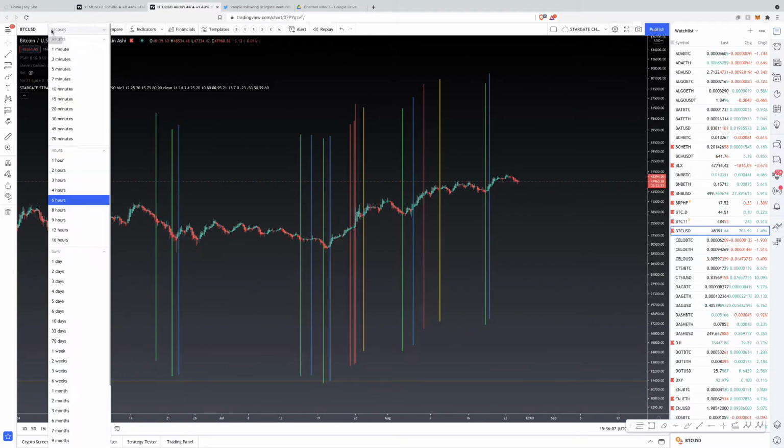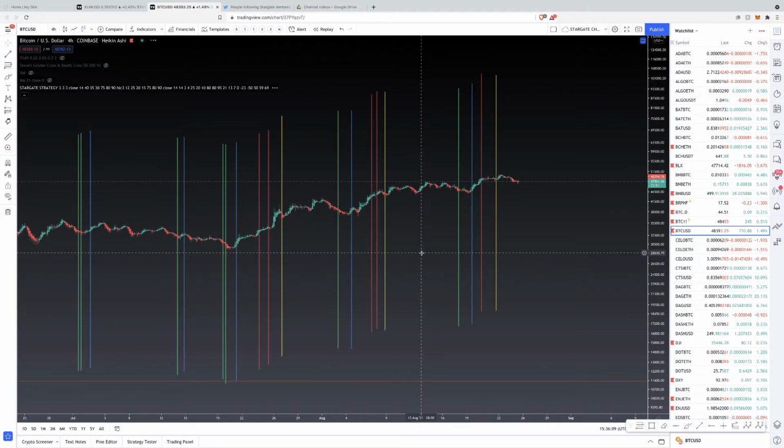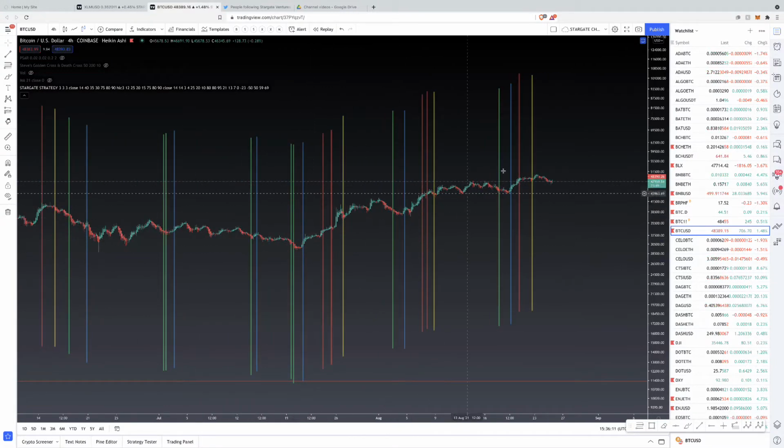Let's go down to a 4 hour. This seems to pick up the trend very well because we had a buy signal, sell warning, sell confirmation. Buy signal, buy confirmation, sell warning, sell confirmation. Buy warning, buy confirmation, sell warning, sell confirmation.